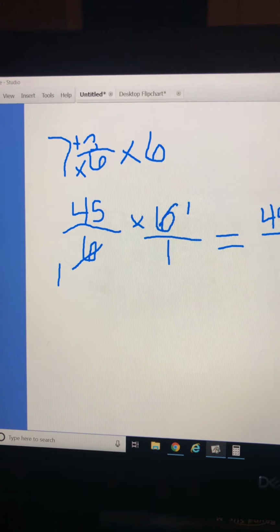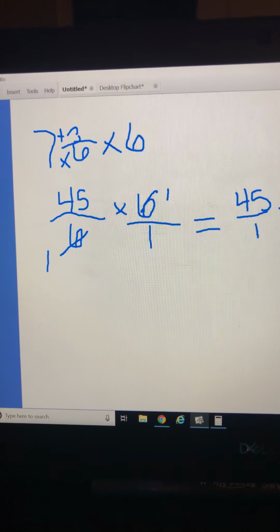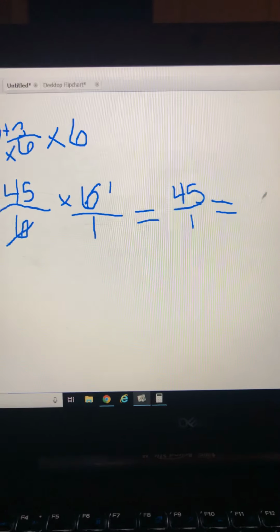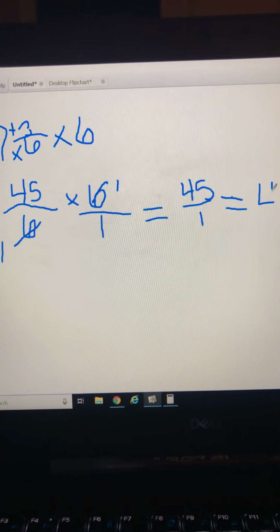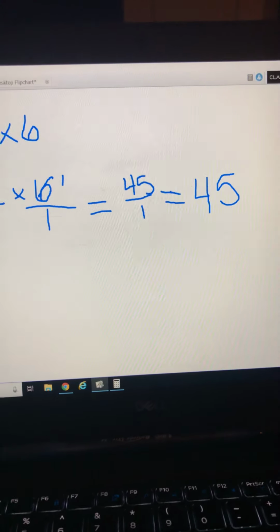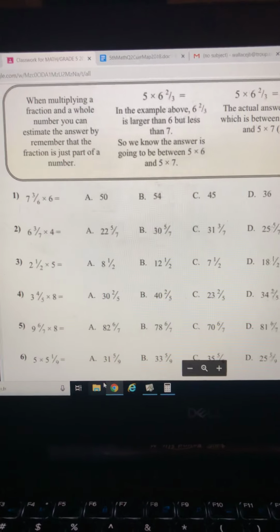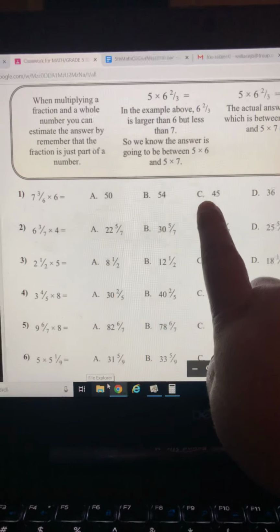And then I have 1 times 1, which is 1. That is the same thing as what whole number? 45. So therefore, were we correct in our estimate of 45? We were. So on number 1, you should choose C.